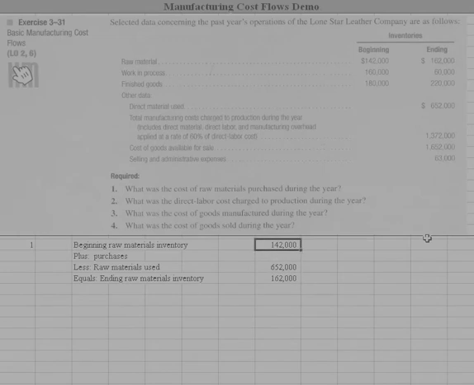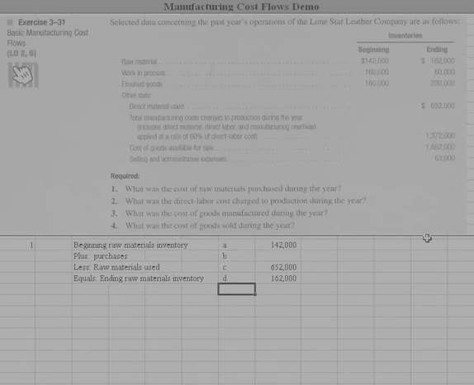Well, if we know the beginning, and we know there must be some amount less the ending equals 162, all we have to do is solve for the missing amount. So we essentially could say that this is A plus B, less C equals D.